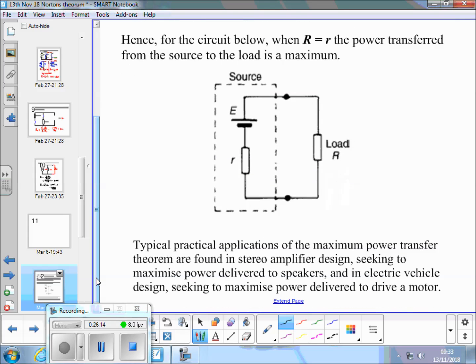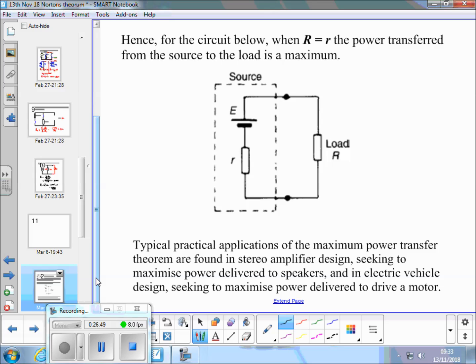Typical practical applications of maximum power transfer are found in stereo amplifier design, seeking to maximise the power delivered to the speakers, and electric vehicle design, seeking to maximise power delivered to the motor. In terms of AC things like amplifier design, the impedance of speakers and the output impedance of amplifiers are always specified at the same frequency, because it varies with frequency, and that's 1000 Hertz.